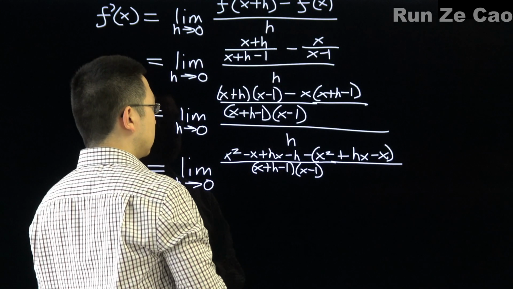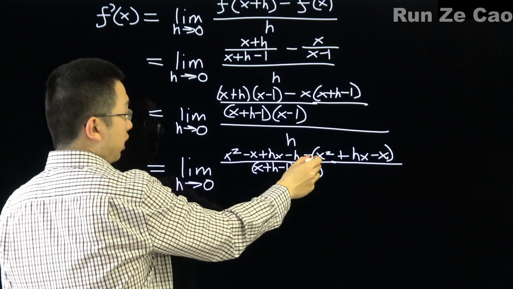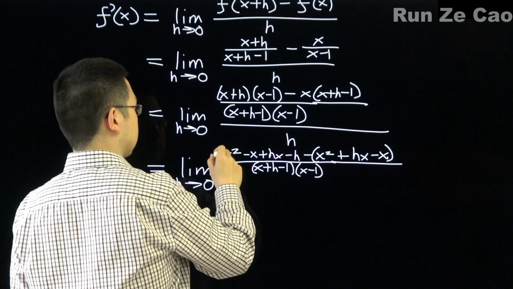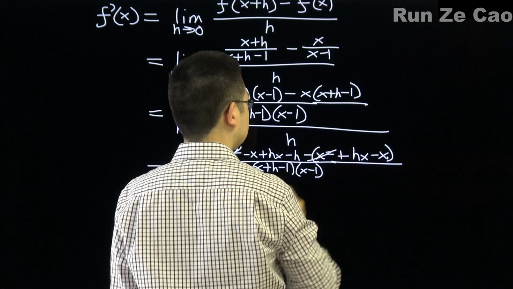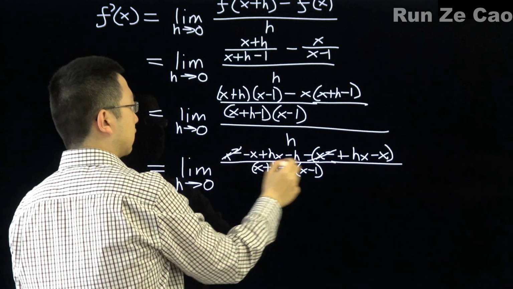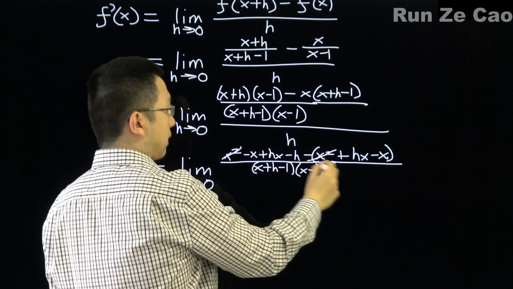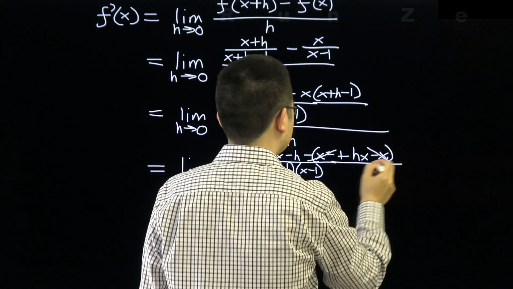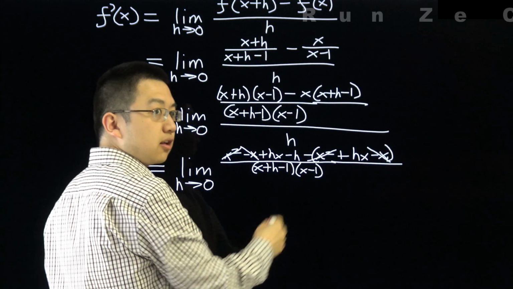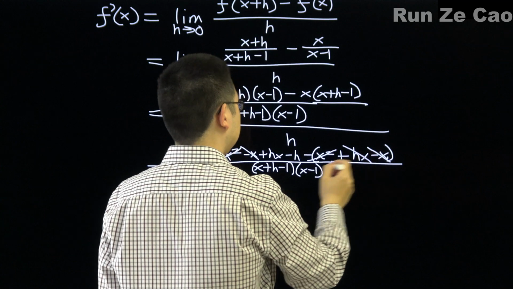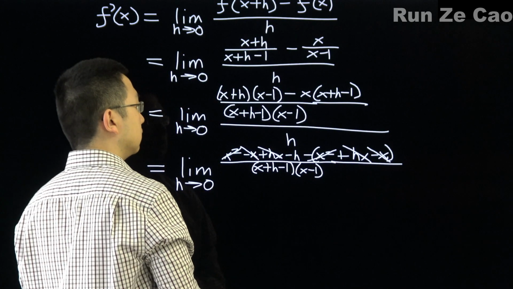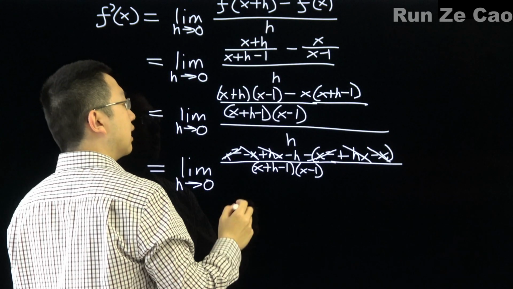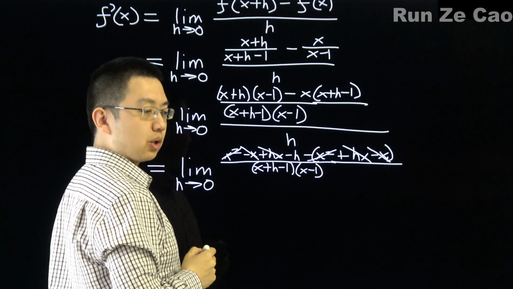Okay, so here, x squared minus x squared, what happens? Cancel, cancel. And x, well, negative x minus negative x, what happens? Cancel, cancel. And plus hx minus plus hx, what happens? Cancel, cancel. And we're left with negative h minus 0.